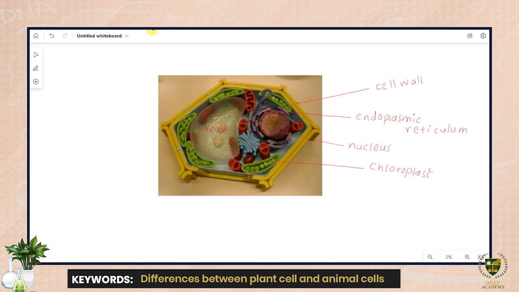Endoplasmic reticulum, and this bluish structure is the Golgi apparatus.